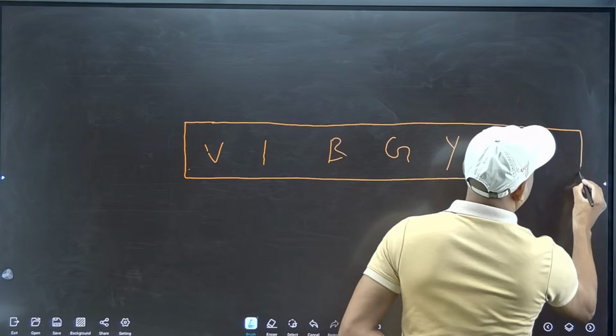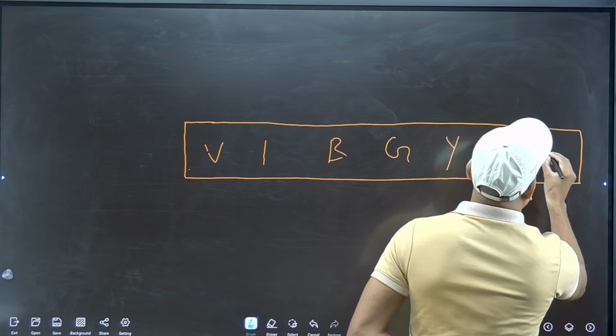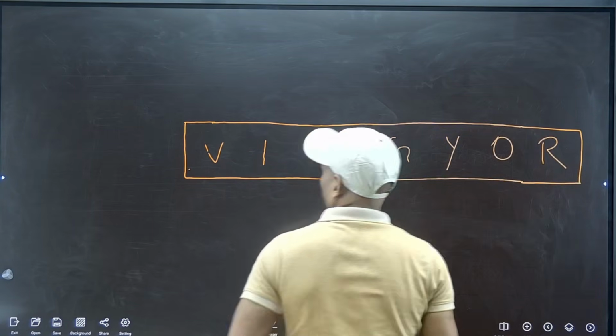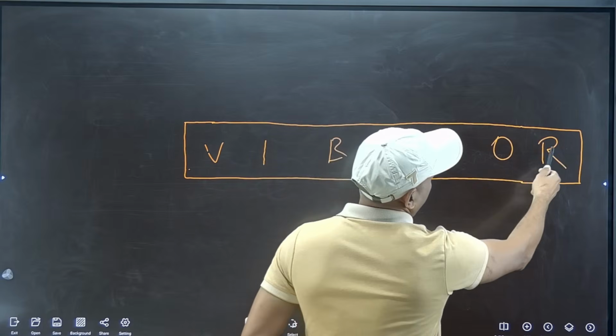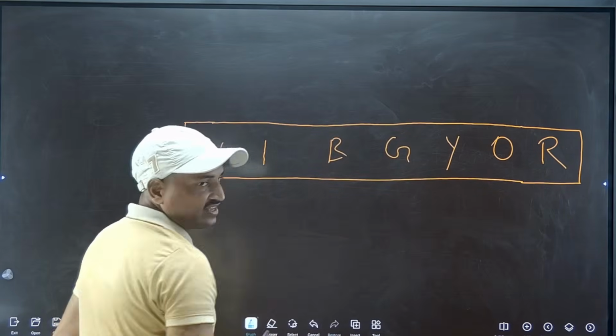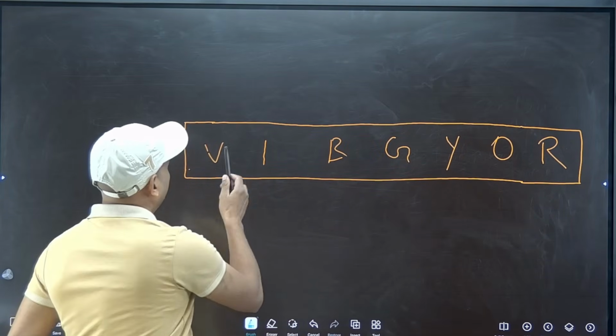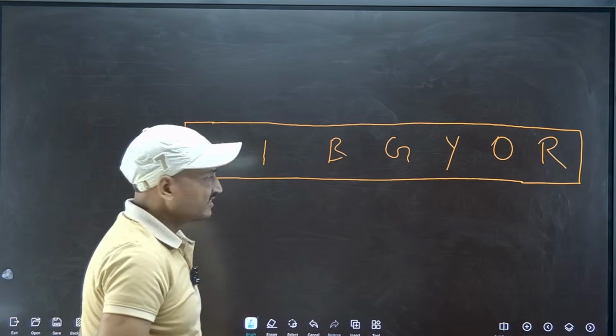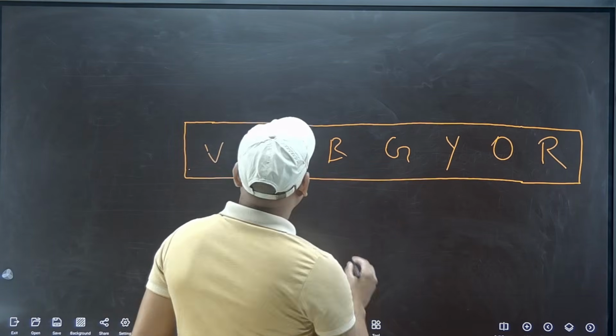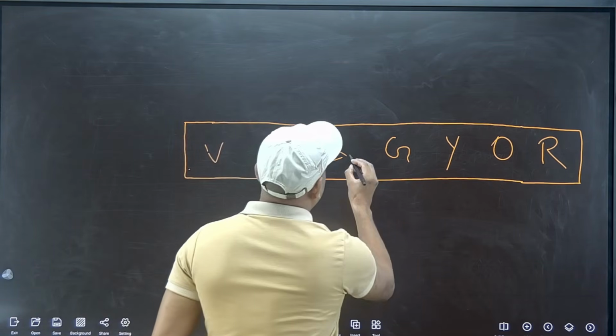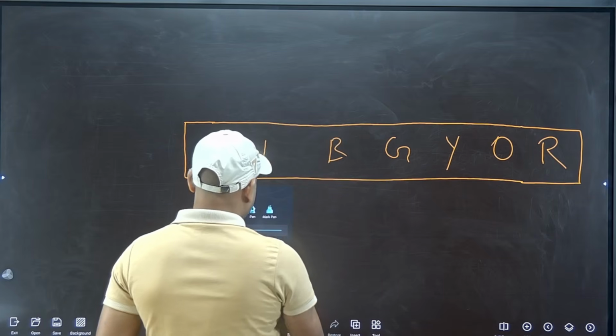So this is the spectrum of visible light. Talking about visible light, the lights are beyond that as well. For example, infrared, ultraviolet, various. But here we are talking about the visible spectrum of light. So this is Vibgyor.